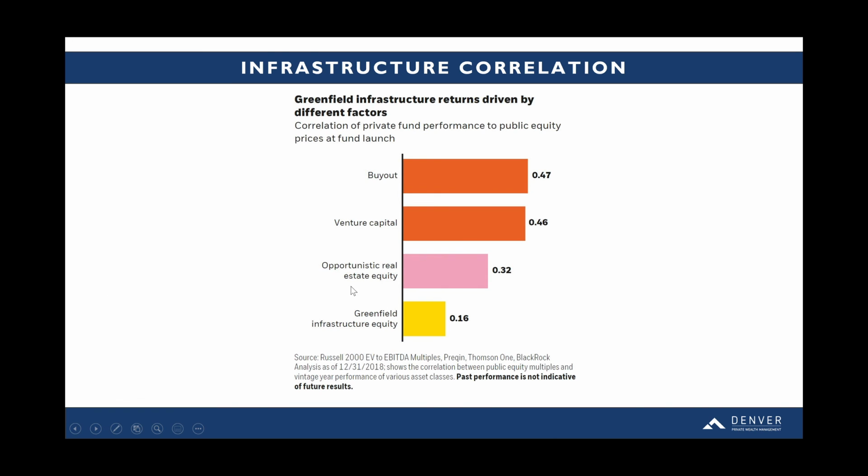And greenfield infrastructure equity, you'll notice, is the least correlated investment to your public stock core portfolio. That's going to make this incredibly attractive when we start thinking about different return drivers, especially potentially high single digit, low single digit returns that are the least correlated from what's going on in your core public stock portfolio.